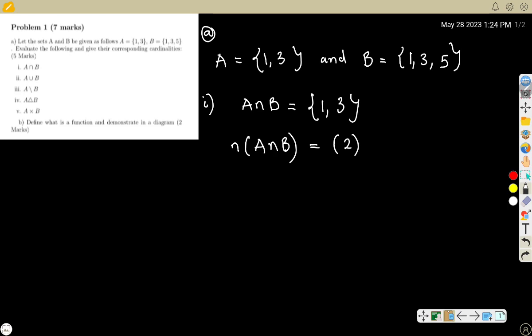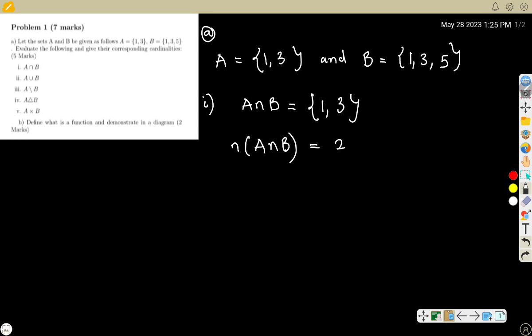So the cardinality of A intersection B is 2. That's the meaning. Just count the number of elements inside. So that is the answer for I.